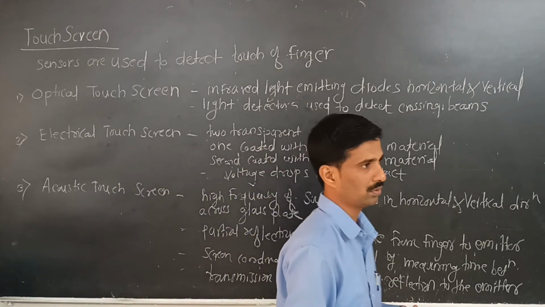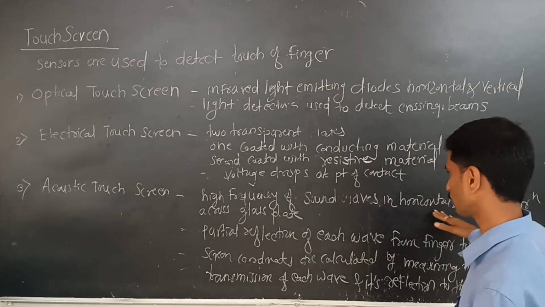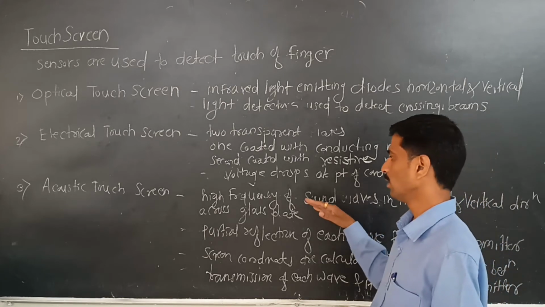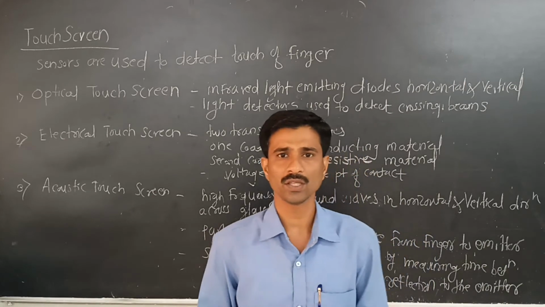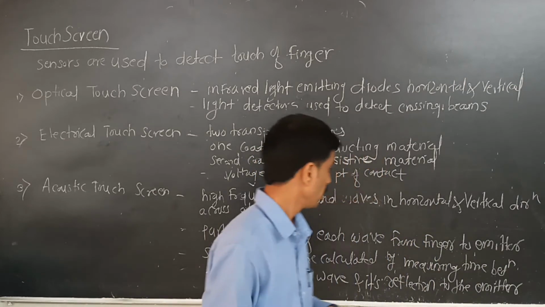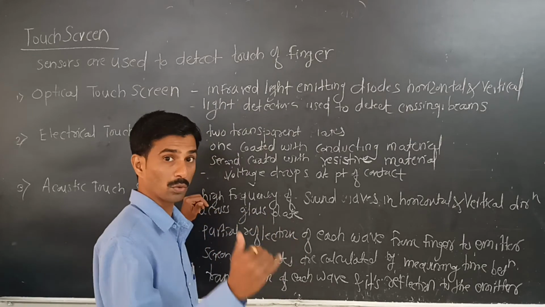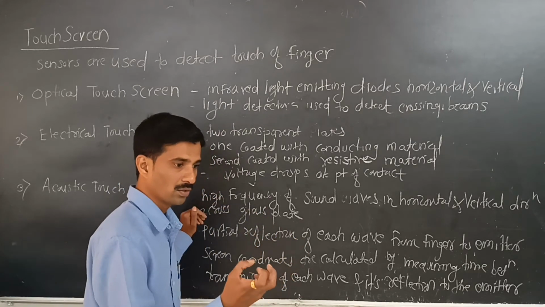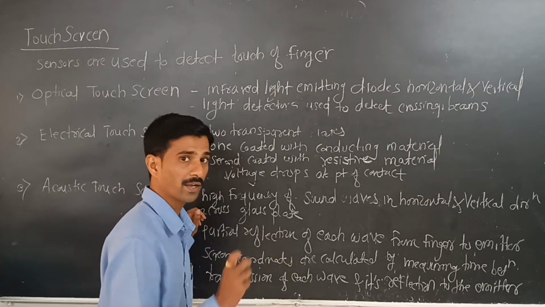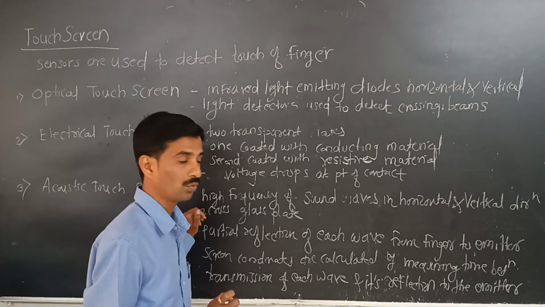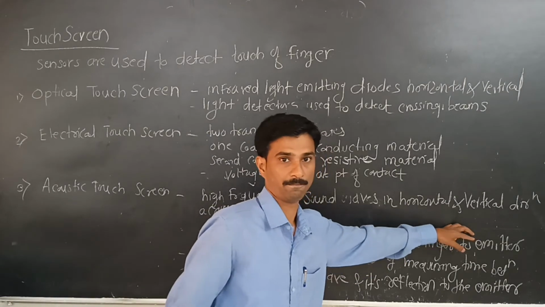Before we touch, the sound waves are there, but they are not reflected. As soon as we touch that particular point, the device observes the reflection of the wave from the finger up to the emitter.